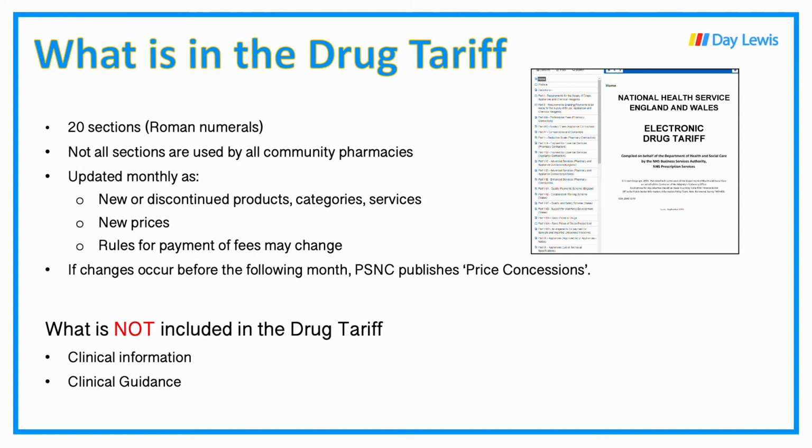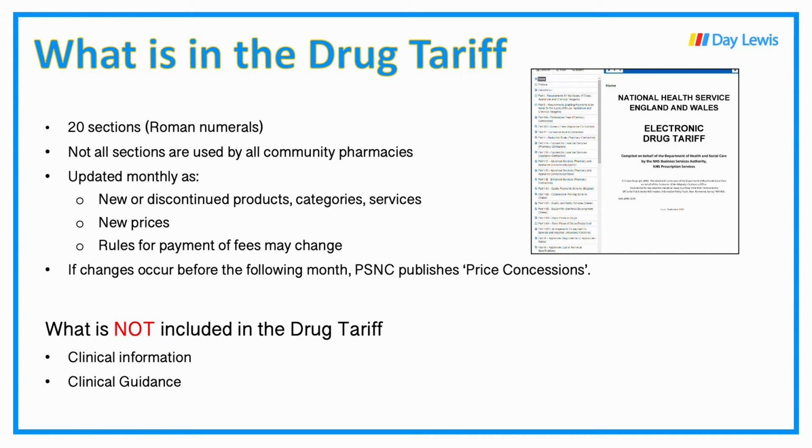As I said before, it is updated monthly because there are always new drugs or discontinued products, different categories and services, and definitely new prices of drugs depending on ingredient costs, manufacturing, all of that sort of thing. So the prices need to be kept up to date.